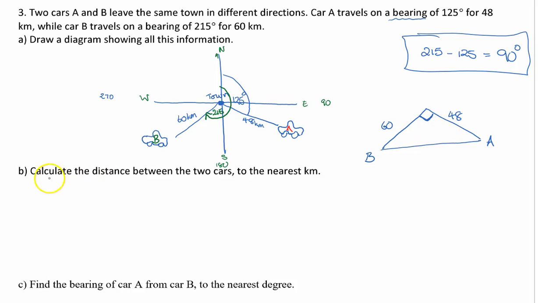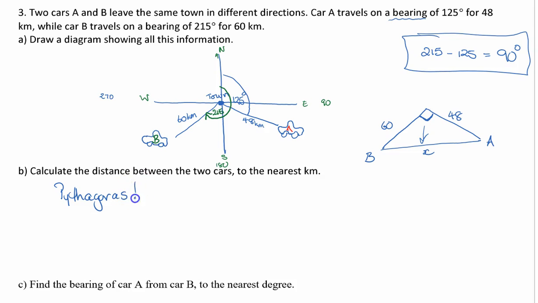So, we're actually asked to calculate the distance between the two cars. So we could call the distance between A and B in this right-angled triangle x. So in this case, actually, we don't need trigonometry. The reason we don't is because it's a nice right-angled triangle. We know two sides. This side is the hypotenuse. We could simply use Pythagoras' theorem.